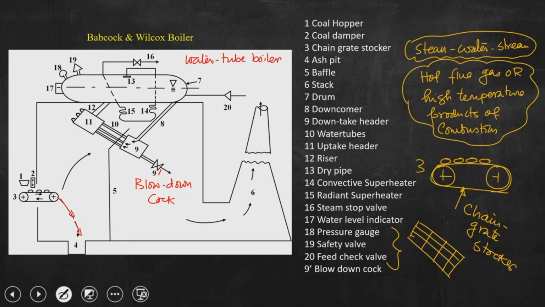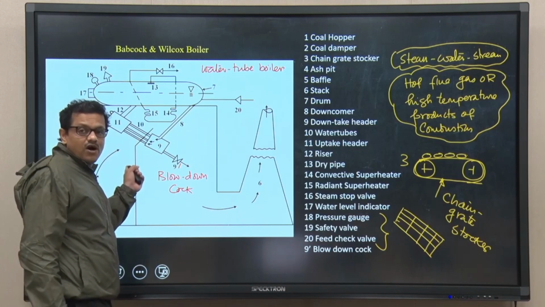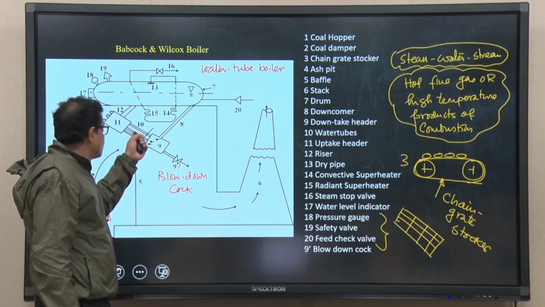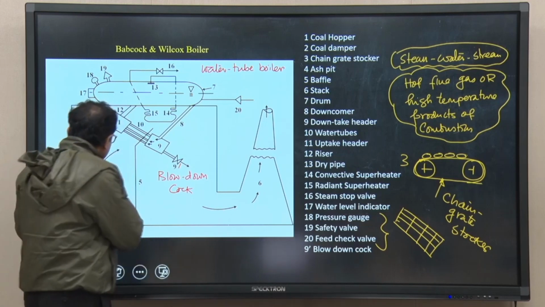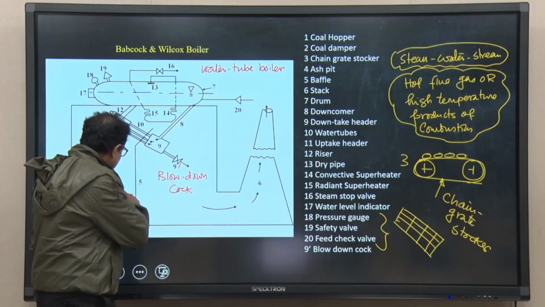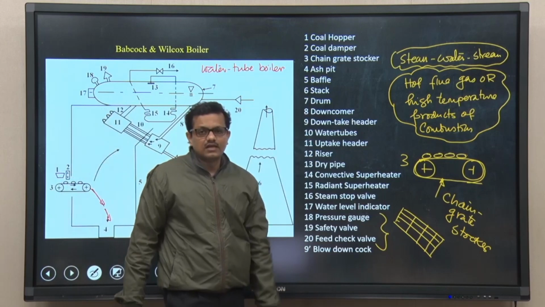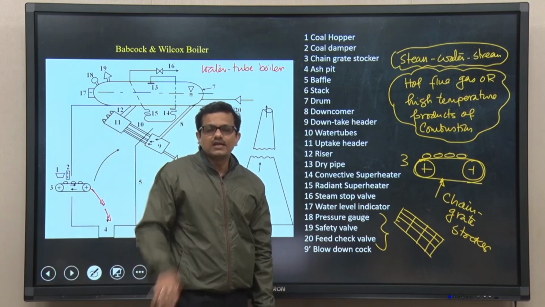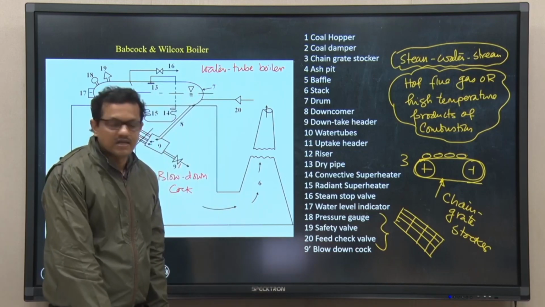The high temperature products of combustion will flow towards the upper part of the boiler. Otherwise, what will happen, the combustion products will flow in the horizontal direction, go through the chimney to the surroundings without doing the task, that is what is important in the context of this boiler operation.